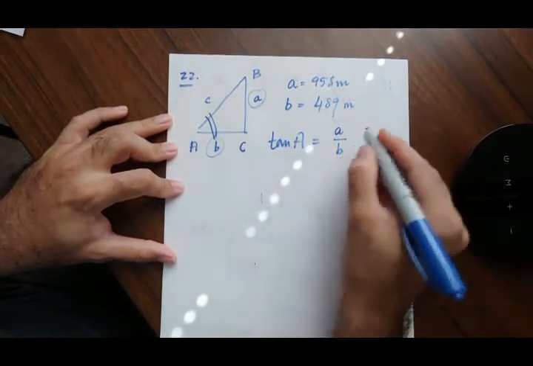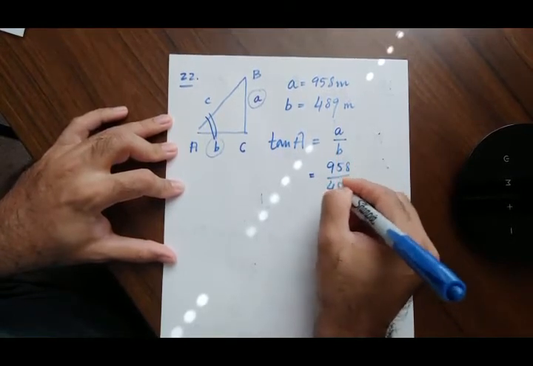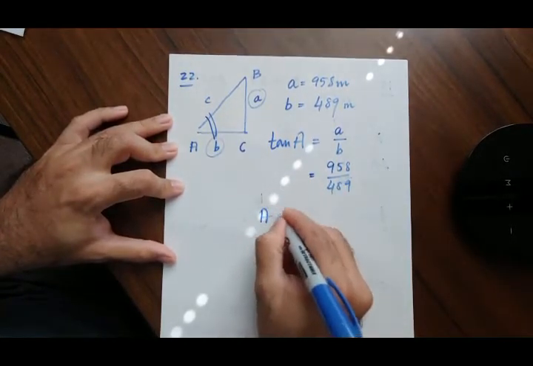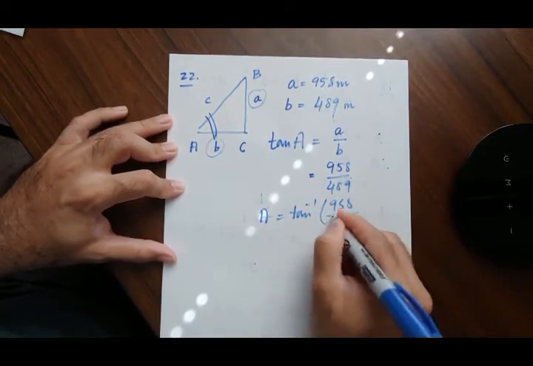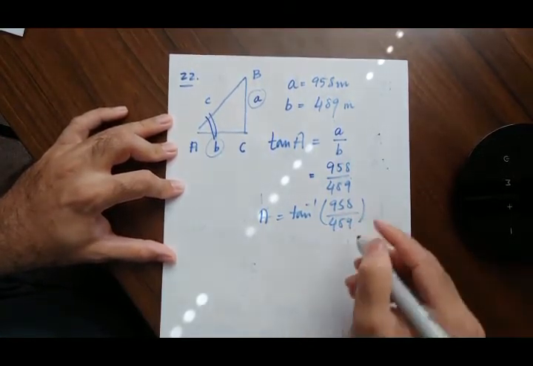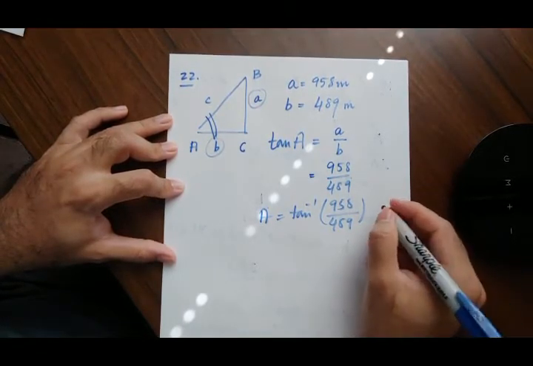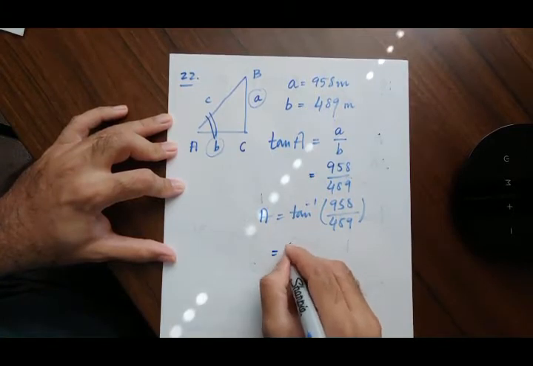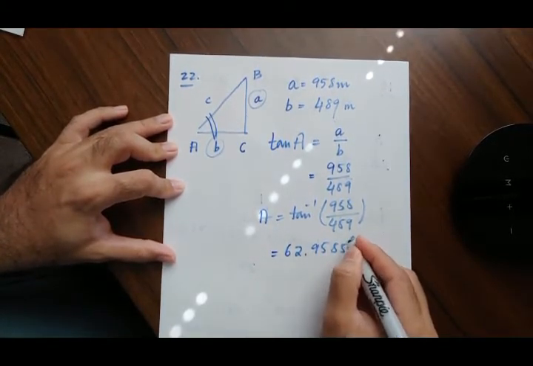And that is, in this case, 958 over 489. How do I find A? We will take the tan inverse. So there is an inverse function that we talked about before. It's 958 divided by 489. And that will give you the angle in degrees, 62.9585 degrees.